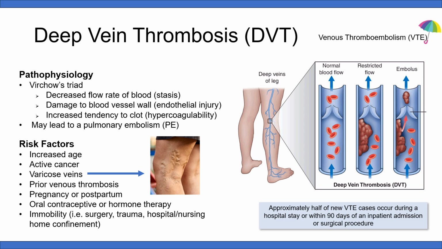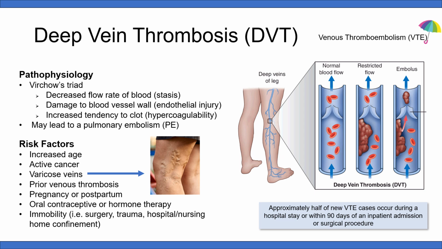So the pathophys on this. Basically, we have an obstruction in a really large vein, a blood clot. So Virchow's triad is decreased flow rate of blood, damage to blood vessel wall, and increased tendency to clot. If you have these three things, then you're very high risk for getting a DVT.